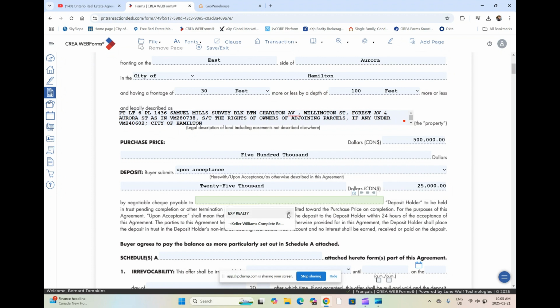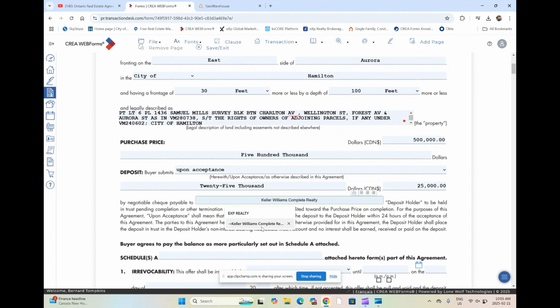To be held in a trust account pending completion or other termination of this agreement, and to be credited towards the purchase price on completion. So once the transaction is complete, the money that is held in trust will go towards the purchase price. For the purpose of this agreement, upon acceptance, this talked about the 24 hours I was talking about earlier.